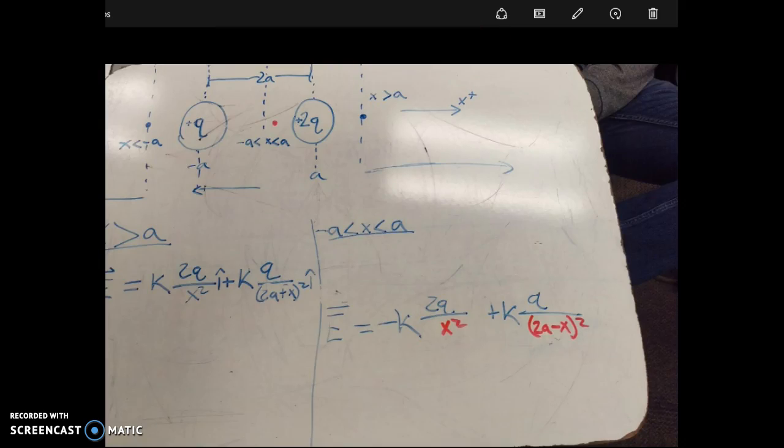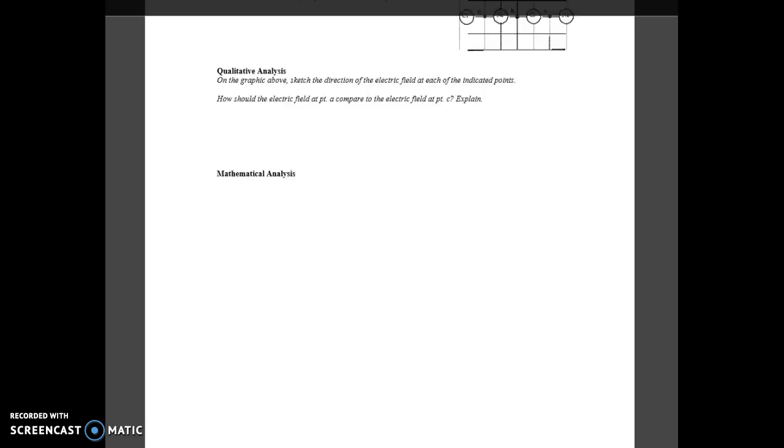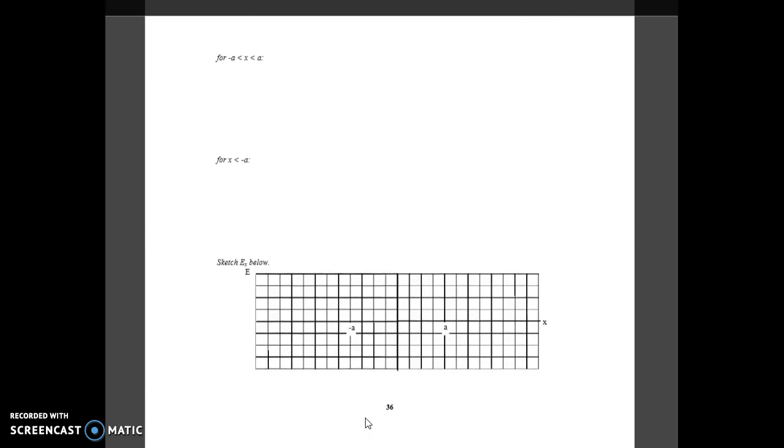So looking at the next problem, let me find it here, the next page. Oh wait, no, it's not this page. Page 36.